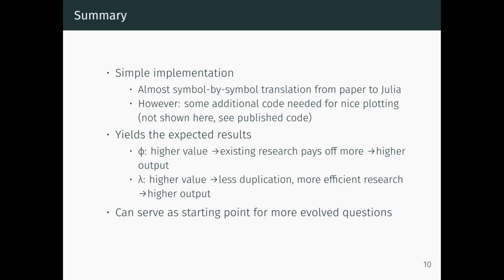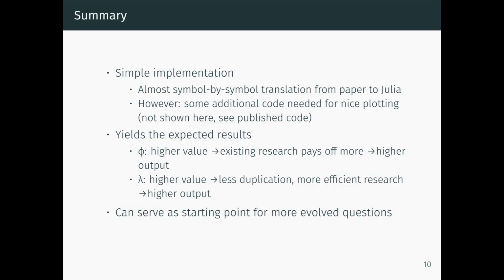And the higher value of lambda means that there's less duplication of efforts in research and more efficient research, which also leads to higher output. I think this implementation in Julia can serve as a starting point for more evolved questions.